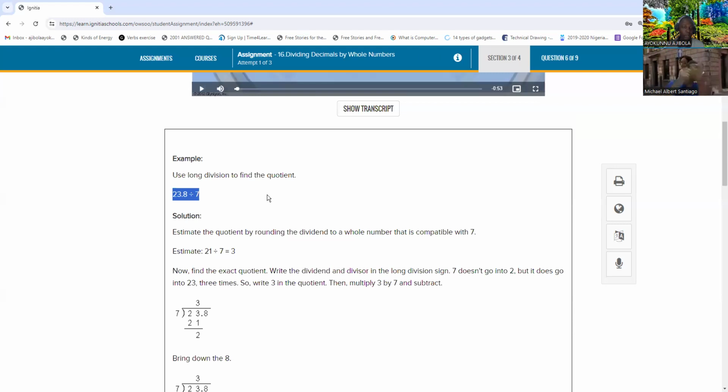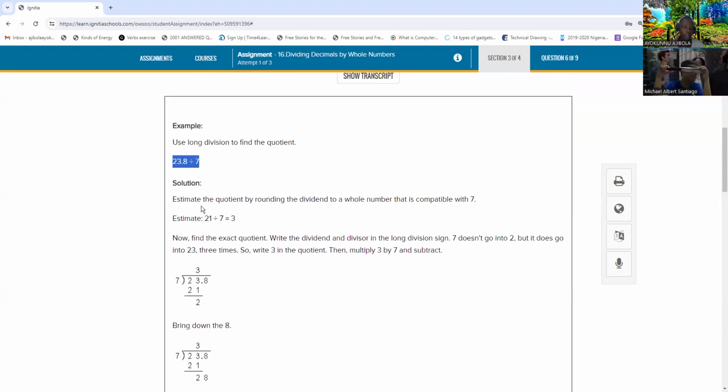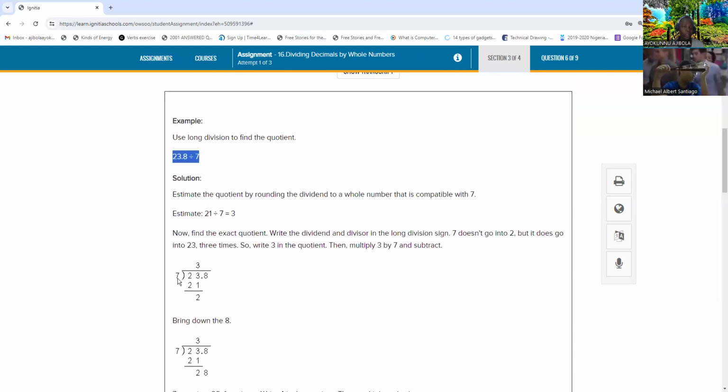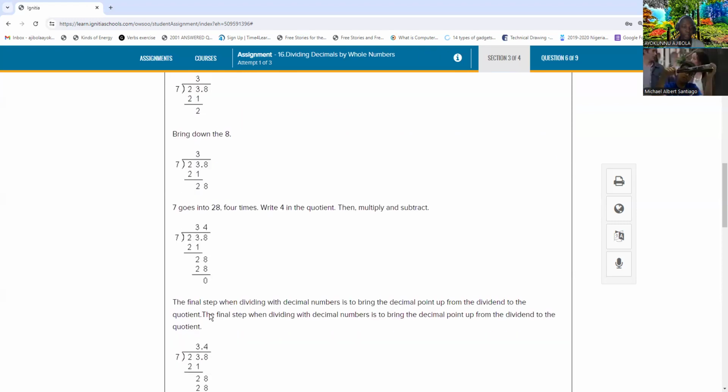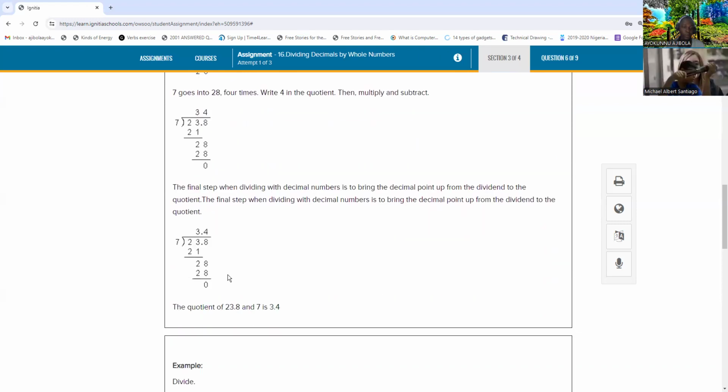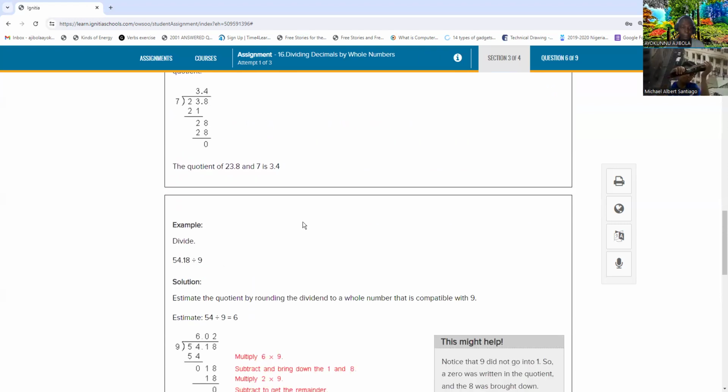Now the same thing with this. We can try this on, okay, let's see, it's already done here. So 7 in 23 is 3, then that's 21, gives us 2, then in 28 is 4, then it remains nothing, so the answer is 3.4. Is that clear? Yes.